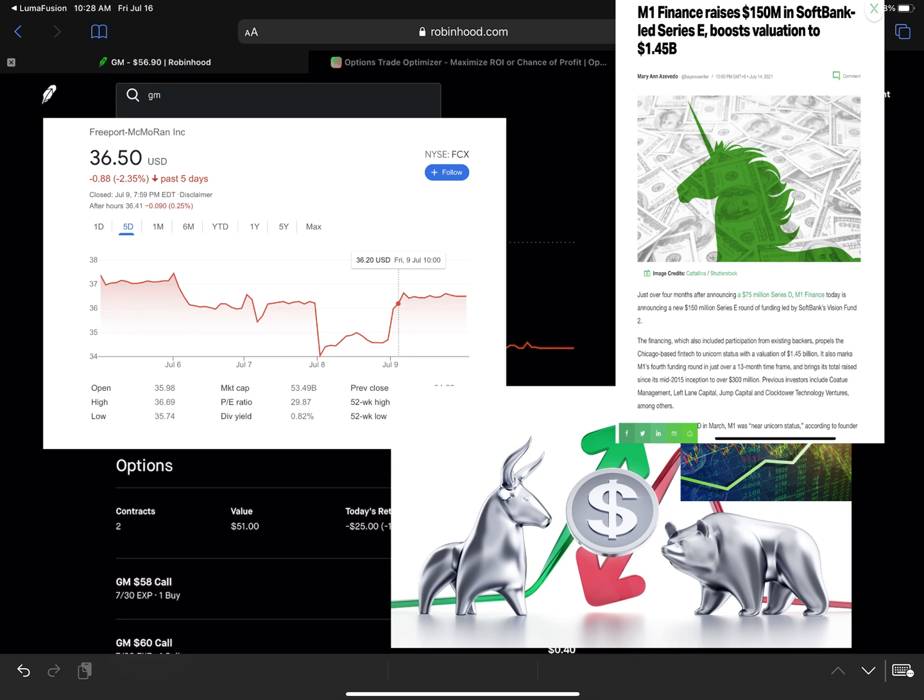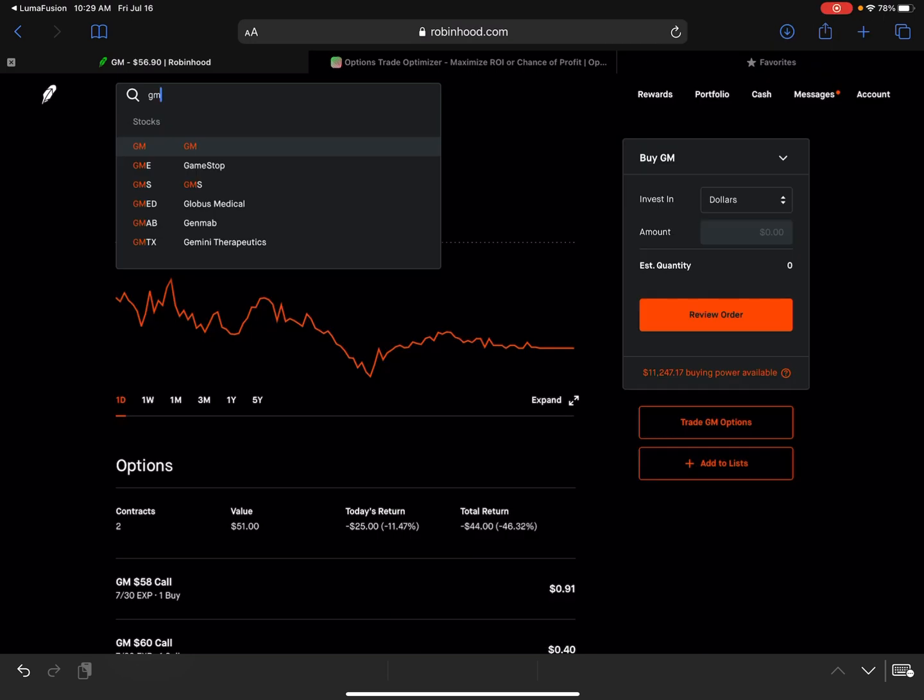It's not to say that there aren't ways to identify companies that are more bearish. There's a reason why a lot of people, especially Wall Street, is shorting companies because they believe that the stock is going to go down.